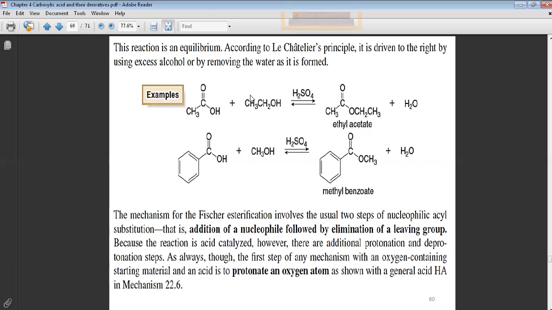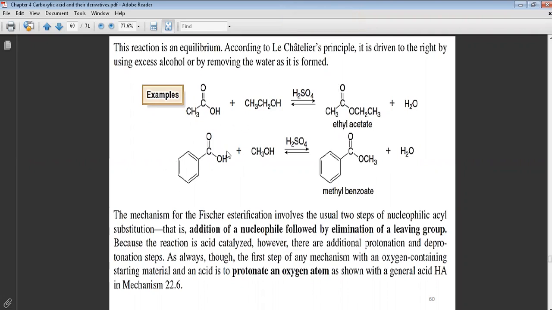Okay, now look, you have, for example, CH3 and this carboxylic acid, acetic acid, and we have ethanol. By using H2SO4 as catalyst, the alcohol will be the nucleophile. It will attack this, and the OH will be removed to give you the ethyl acetate.